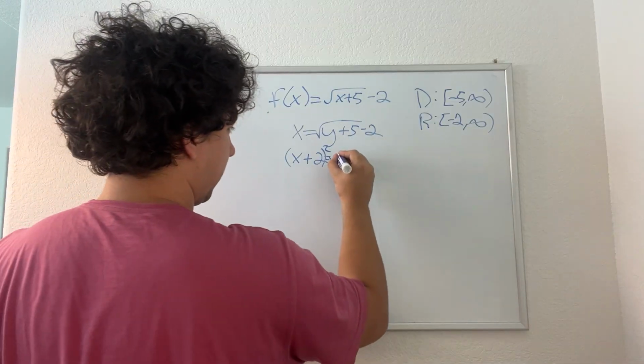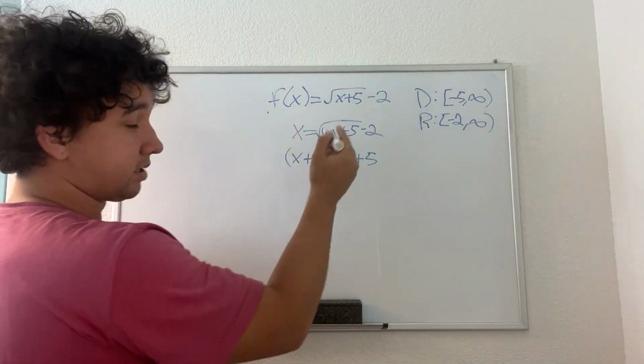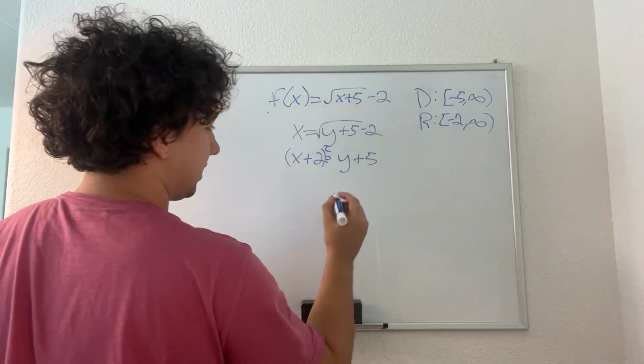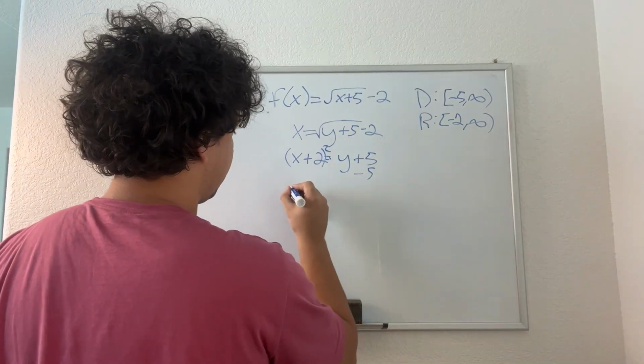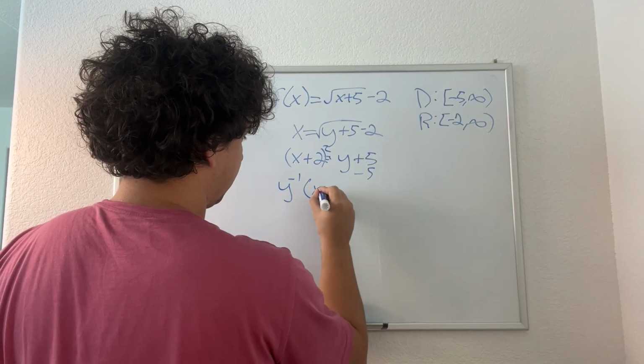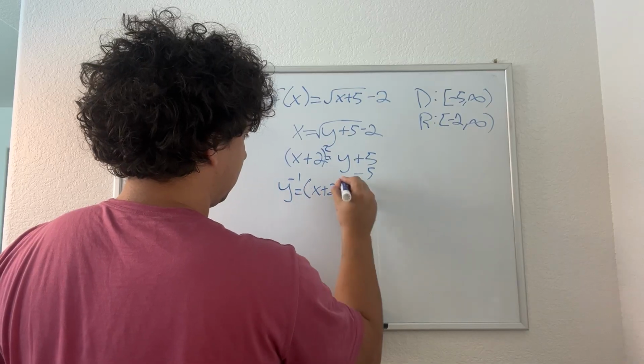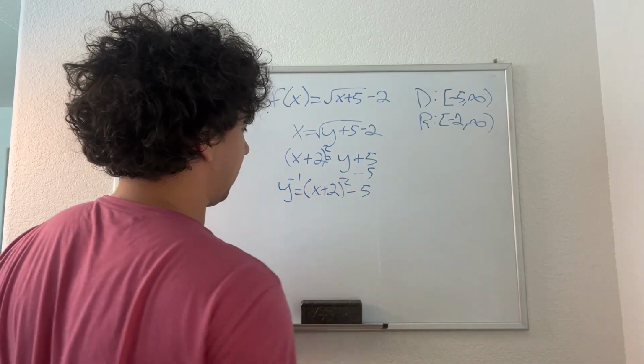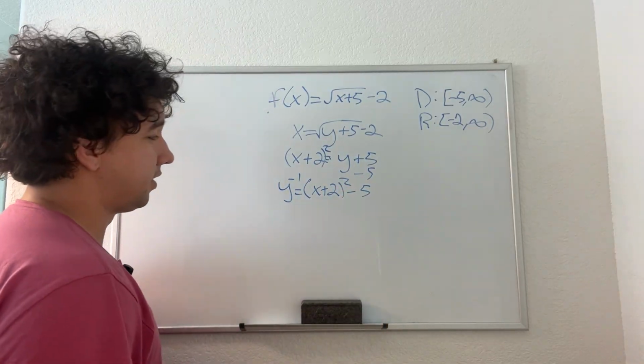That gives me y plus 5 is equal to (x plus 2) squared. Last thing, I'm going to subtract 5 from both sides. And the inverse is equal to (x plus 2) squared minus 5. There you have it.